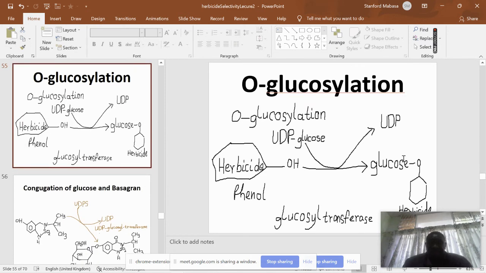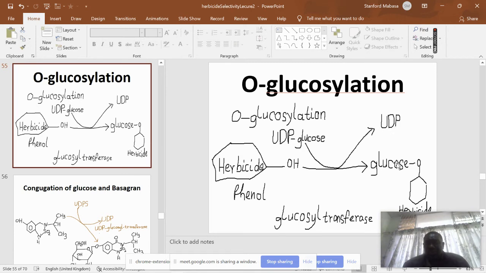This then is an example where we have a herbicide altered in phase 1 with an OH. Then we have UDP glucose donating glucose to this reaction. And we end up with UDP, which is free of glucose.